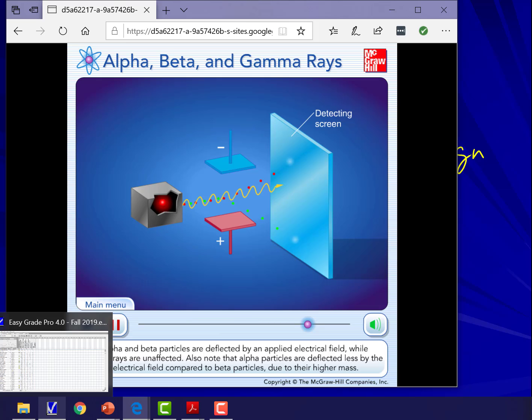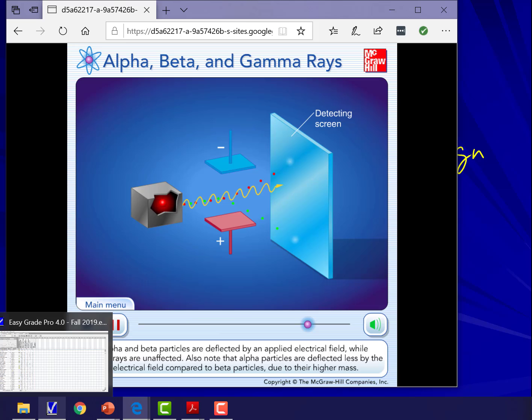Well, it has a negative charge, but actually alpha's got a bigger charge. It's positive 2. Alpha's got a bigger charge than a beta particle. It should turn more. It's about size, though. It's twice the charge, but it's also 8,000 times the mass. 8,000 times the mass is a lot harder to turn.